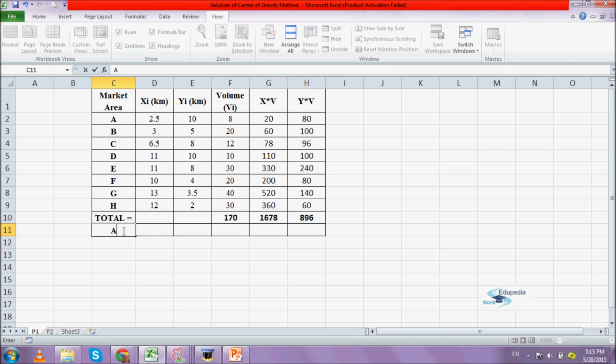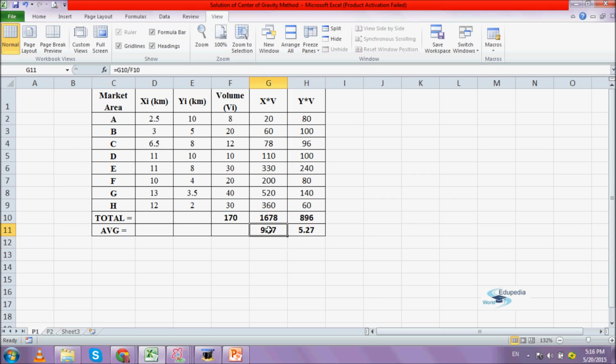Next I need to find the average, the same as the arithmetic mean. So I need to find the sum of the product of X into V divided by the volume, and here the value is 9.87. In the same way I'll find the average for Y, and that will be 5.27.